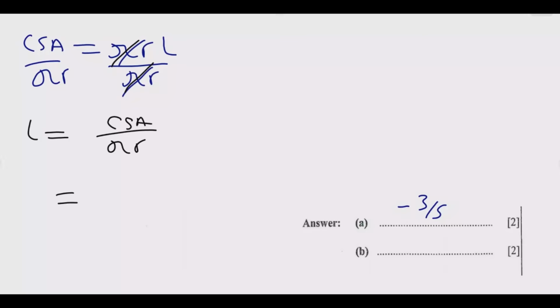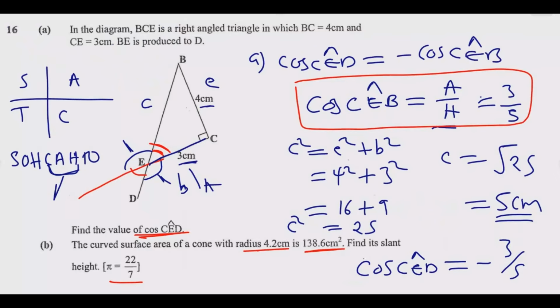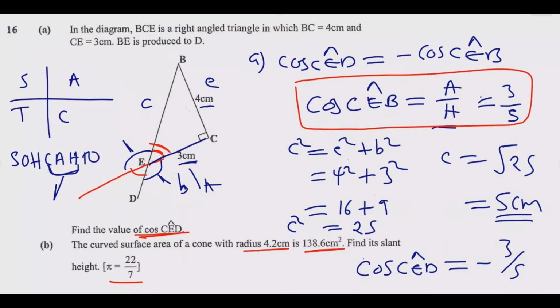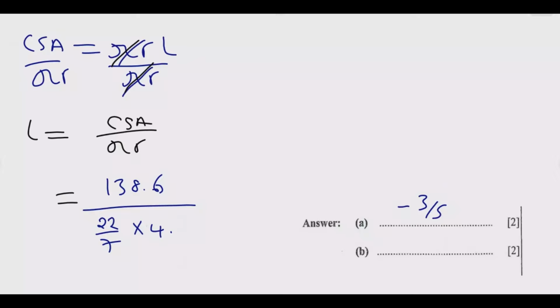Let us now start substituting. So area is 138.6, divided by 22/7, times 4.2.